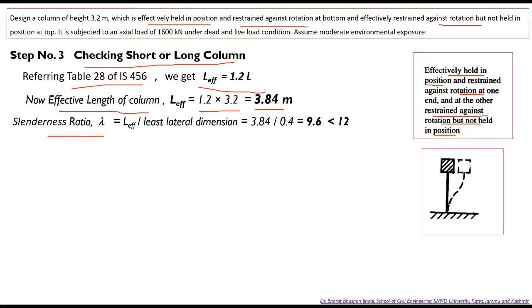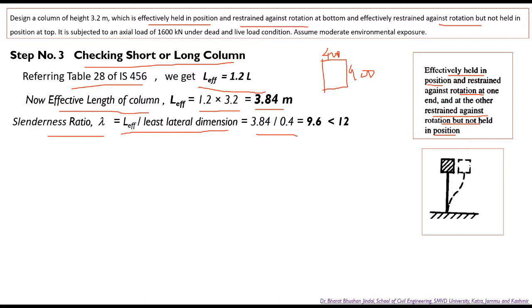Based on the formula given, it is L effective by least lateral dimension. Now you can see that we have decided on a square column of 400 millimeter by 400 millimeter, so both are equal dimensions and the least will be 400. That's why we have put this value here. L effective is 3.84 meter divided by 0.4 meter, the least lateral dimension of the column.